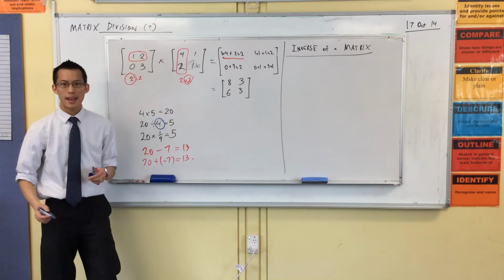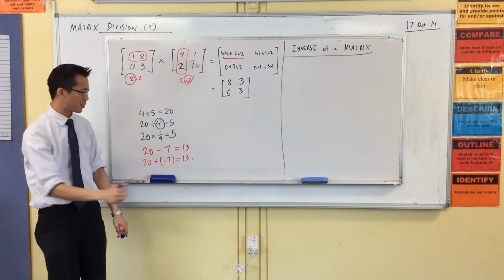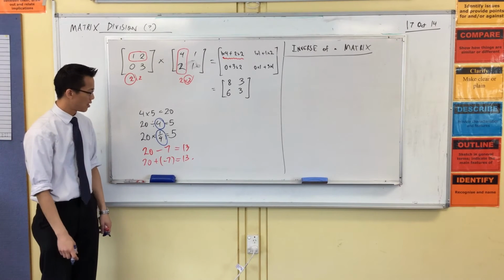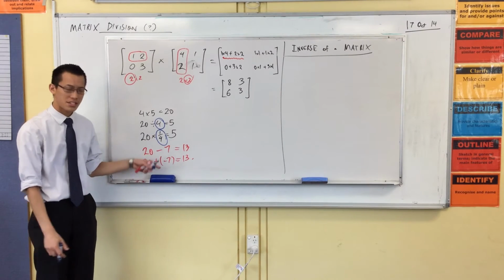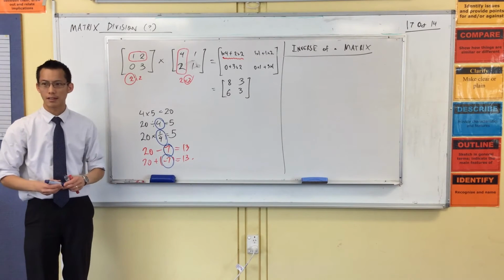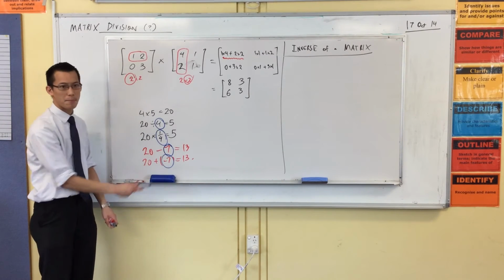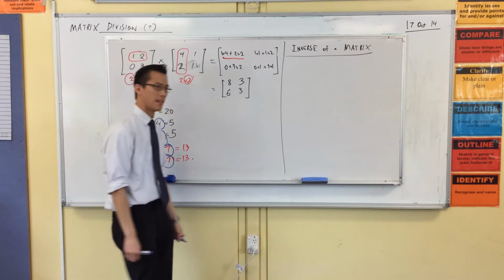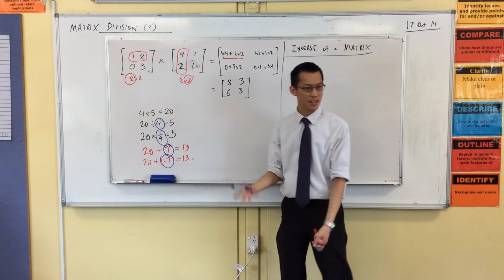For 4, its inverse for multiplication is a quarter. For 7, its inverse for addition is negative 7. Now, where did you pull these numbers from? How did you know that that was its inverse, apart from the fact that you know that these statements are mathematically true?